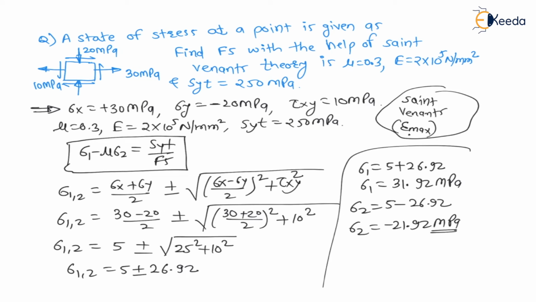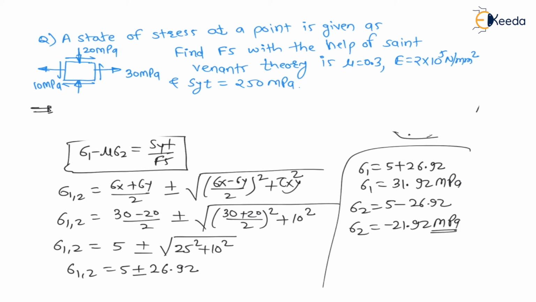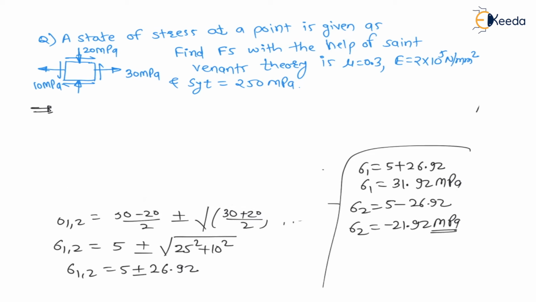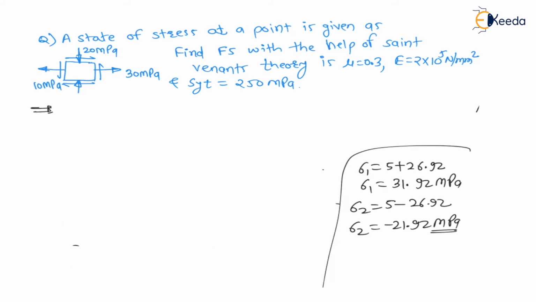Now, considering sigma 1 and sigma 2 values, we have to use Saint Venant's theory, that is maximum principal strain theory. We have to use maximum principal strain theory for the design. Now, what is maximum principal strain theory?